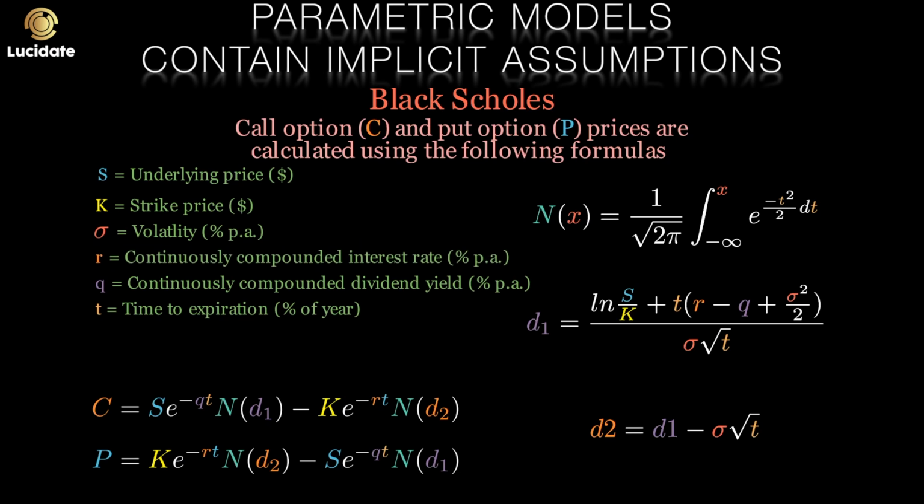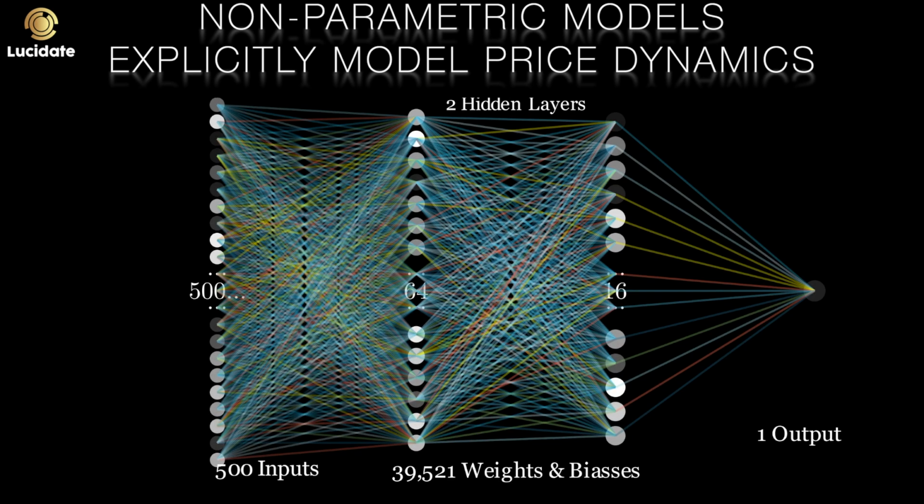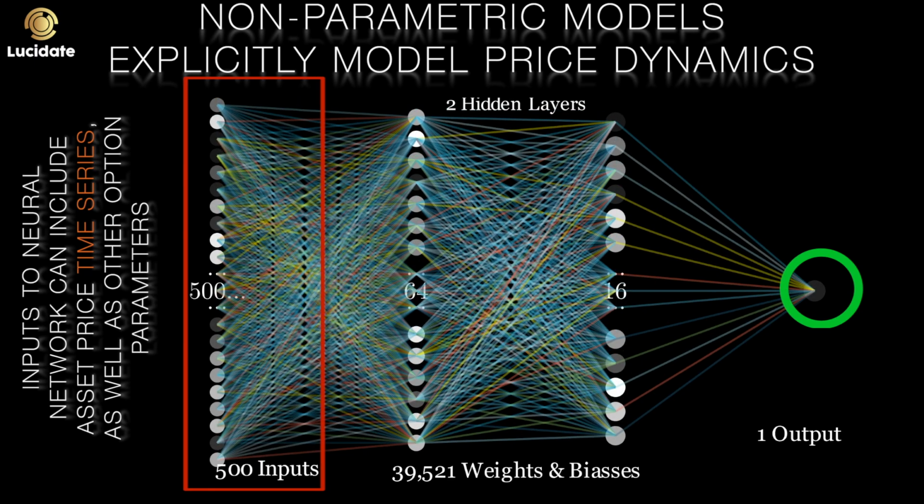Using a neural network permits pricing via a non-parametric approach. An asset's price history can be fed into the model as a time series, along with strike price, time to maturity, etc. We define the output to be the observable market price of the option. Through training, the network learns to map the inputs into the observed derivative price.